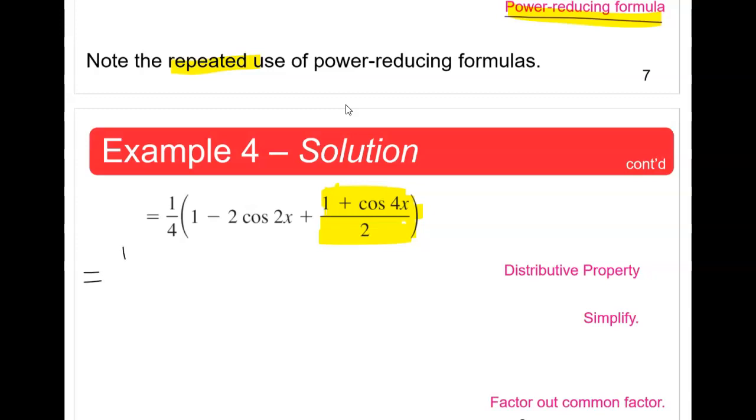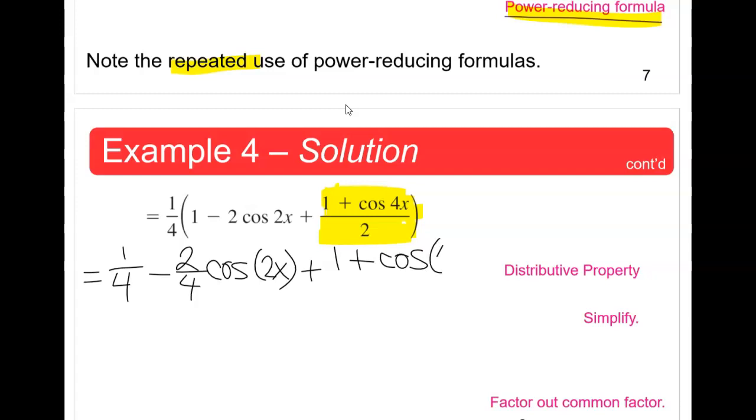And we're going to have 1/4 minus 2/4 of the cosine of 2x, and then plus 1 plus cosine of 4x divided by 2 times 4, which is 8.